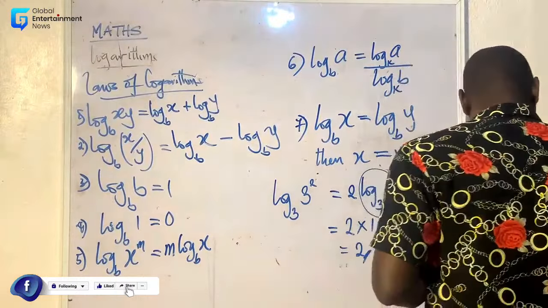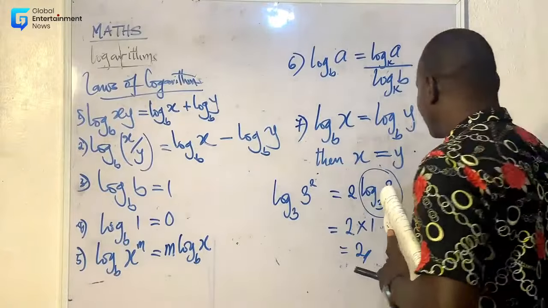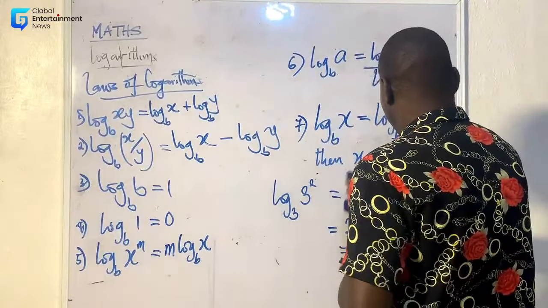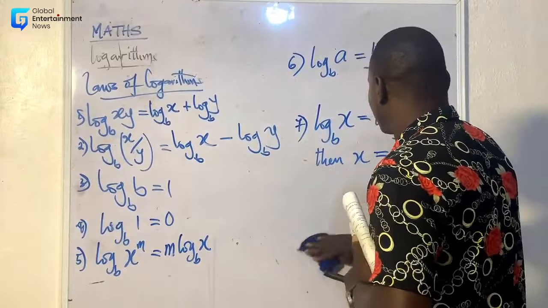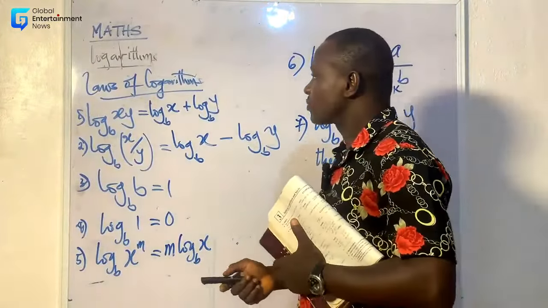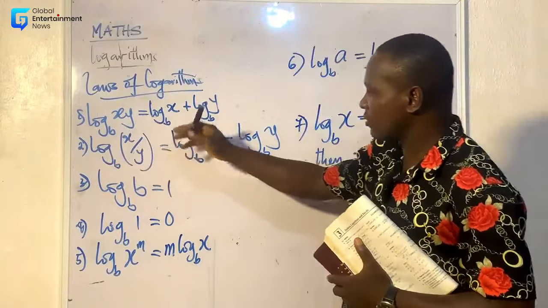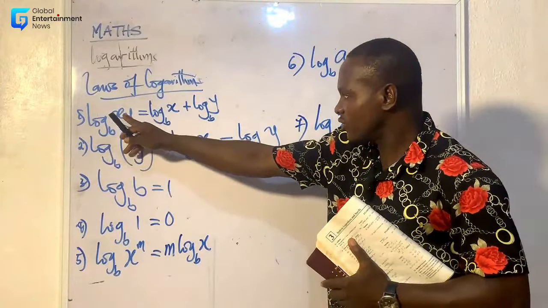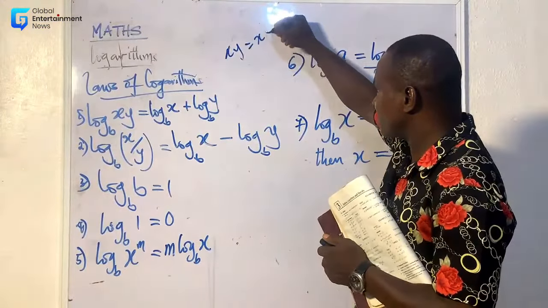Okay, I think I've given you what you are going to do at home. Again, let me repeat myself. Law number 1 says log xy base b is equal to log. Once you see multiplication, xy is the same thing as x times y.